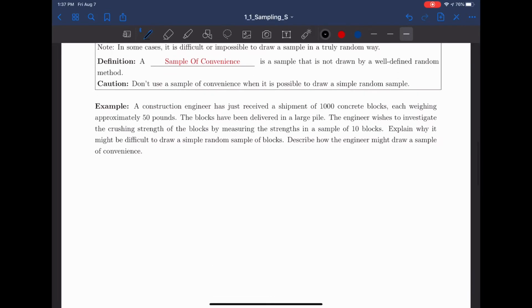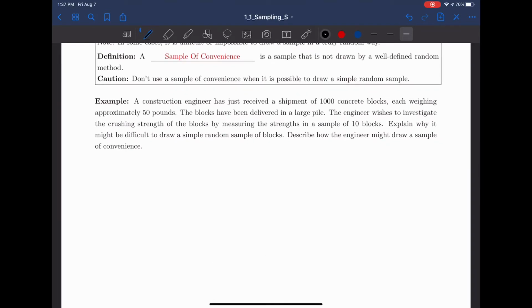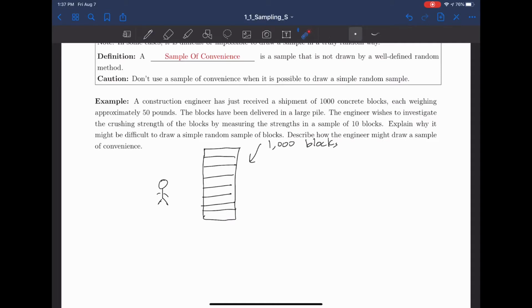For example, let's say you're a construction engineer, and you want to test blocks of bricks. There are 1,000 bricks or blocks, and they're very heavy. You want to test 10 of them to see if they're efficient, that none of them are defective.